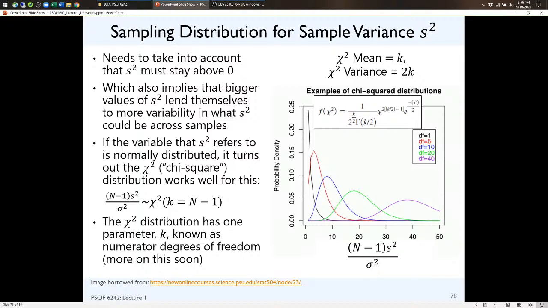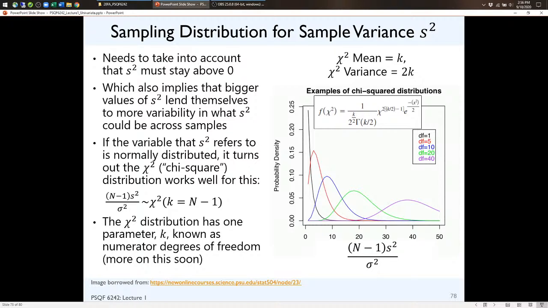So we need to find a sampling distribution that takes into account that the smallest value a variance can be is 0. And the larger the variance is, the more it can potentially differ across samples. So if you have a variable that has very little variance to it, if you sample repeatedly from that variable, your samples are going to have variances that are more alike because they just don't have anywhere to move. They're going to be very close to 0. The more variance that there is, the further it can wiggle.